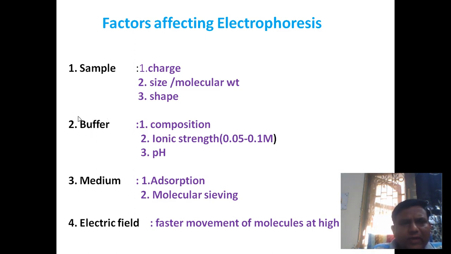First of all, I would like to explain how the sample affects electrophoresis. Dear students, you know very well, in our mixture there may be samples, and that sample may have a particular charge, a particular size, meaning the molecular weight, and a particular shape.